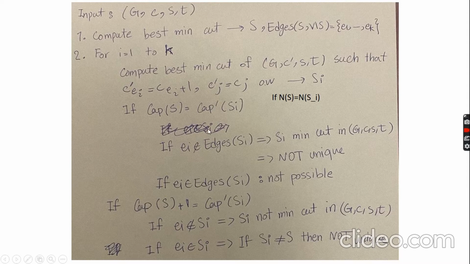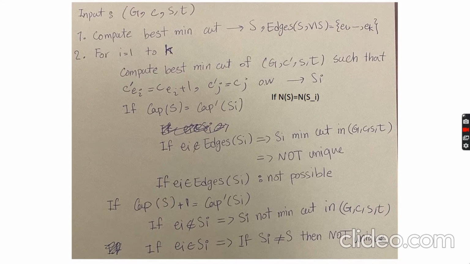Now, let's take a look at here. So assume that we are in the case where the capacity has remained the same. Now, we will have two cases again. Either this edge that we increased its capacity is in the edges of the new cut or not. So if it is not in there, then the capacity of Si in the original graph is going to be exactly the capacity of S. So we have indeed found a new best min cut, because we assume that the number of edges of S and Si are equal.